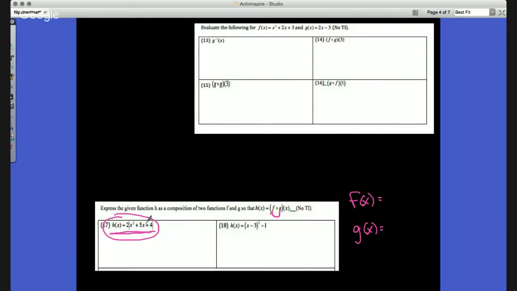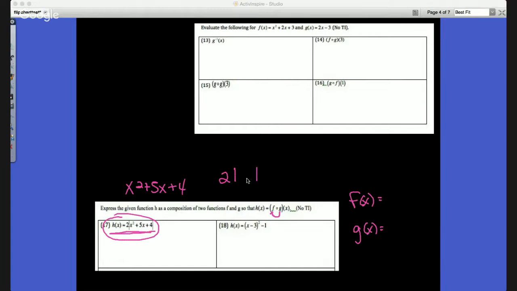So in this example, I always say that the junk on the inside, and by the way, there's multiple answers with this, but the junk on the inside, let's take out. So that's the x squared plus 5x plus 4, okay? So if I take that out, what's left over? Well, I have two absolute value, right? Because it's taken out. Whatever you take it out for, we just input it with an x, okay?